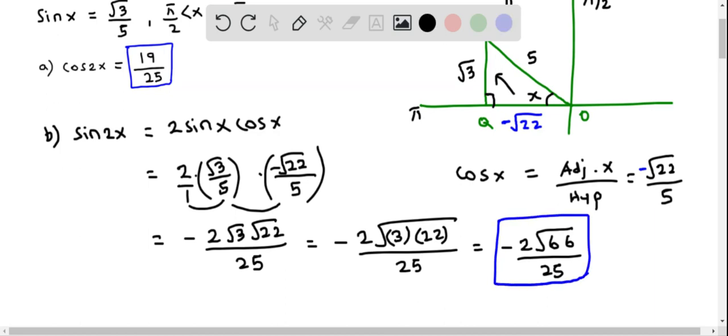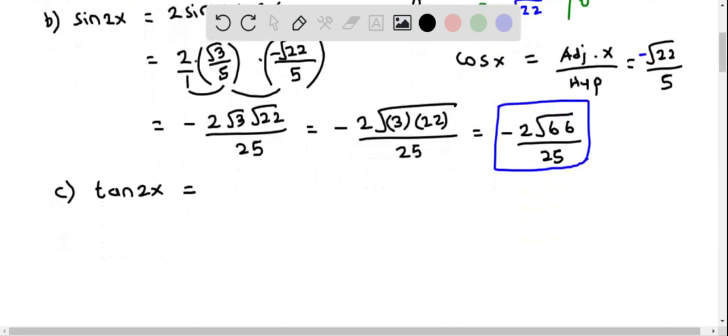Now let's do part C. That is, we have to determine tangent of 2x. So we can use the quotient identity, that is, tan x equals sine x over cosine x.